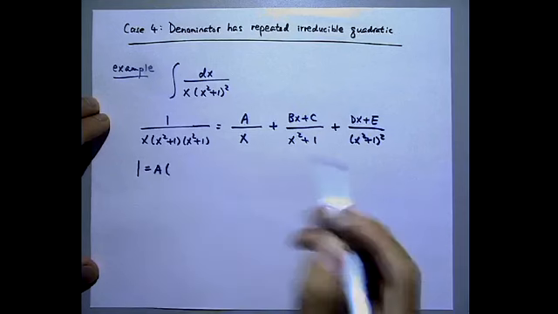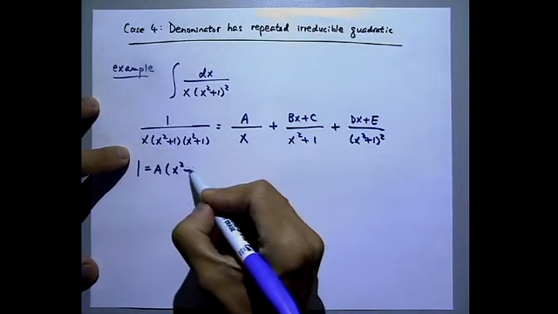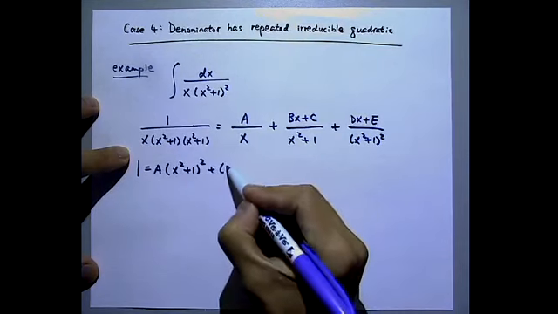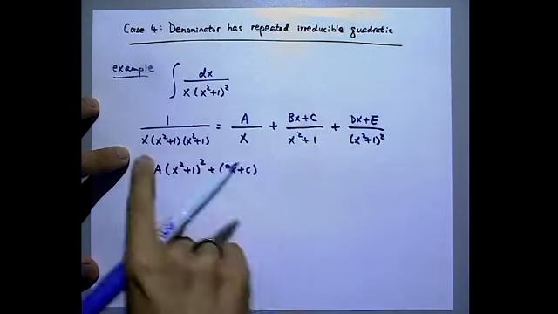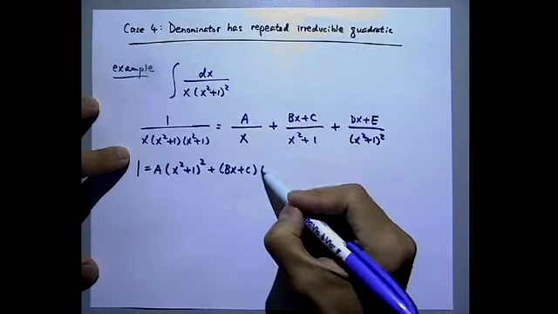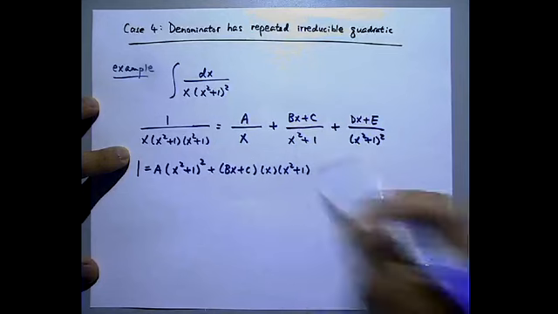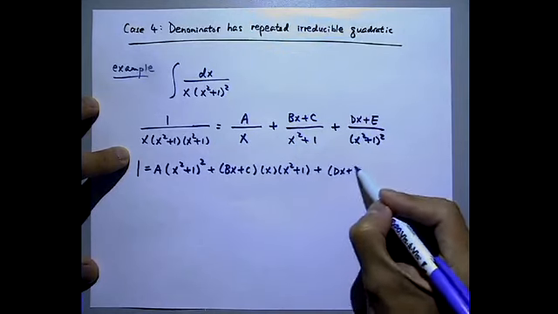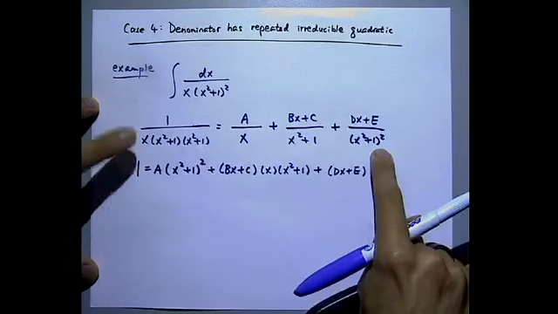A times this guy right here, plus Bx plus C times x times one factor of that. Plus Dx plus E, and these got canceled out, so we keep an x.